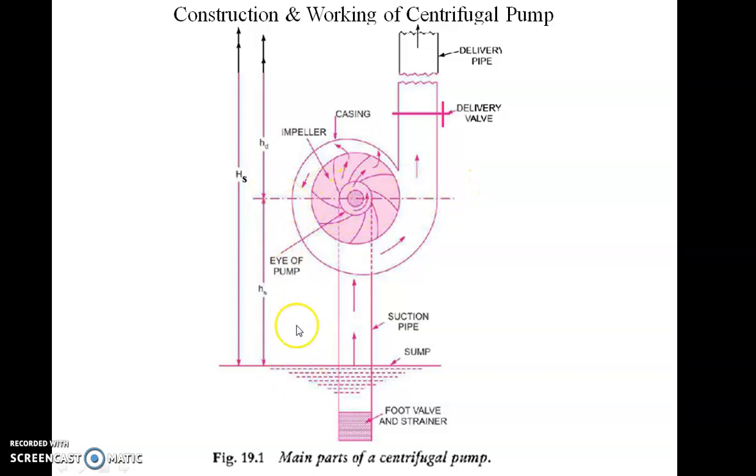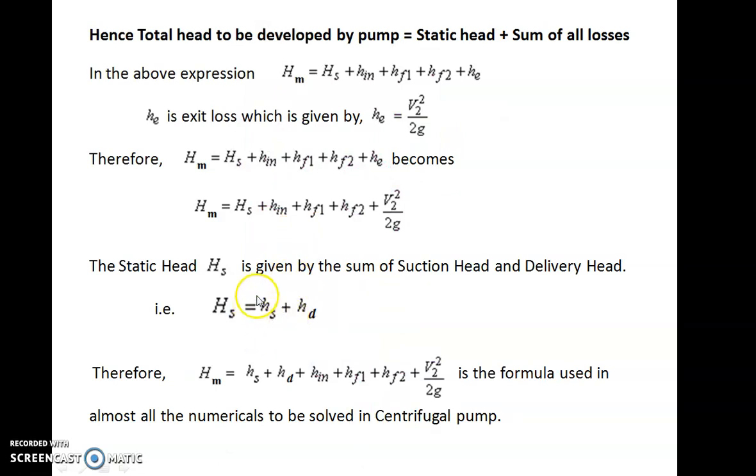From the impeller center line to the outlet, the physical height is small HD. So this static head is also given by small HS plus small HD, where small HS is the suction head and small HD is the delivery head. So you remember, capital HS is also given by small HS plus small HD.